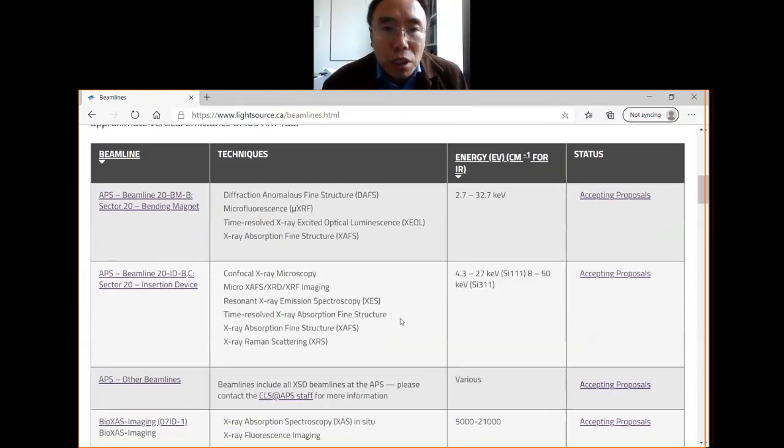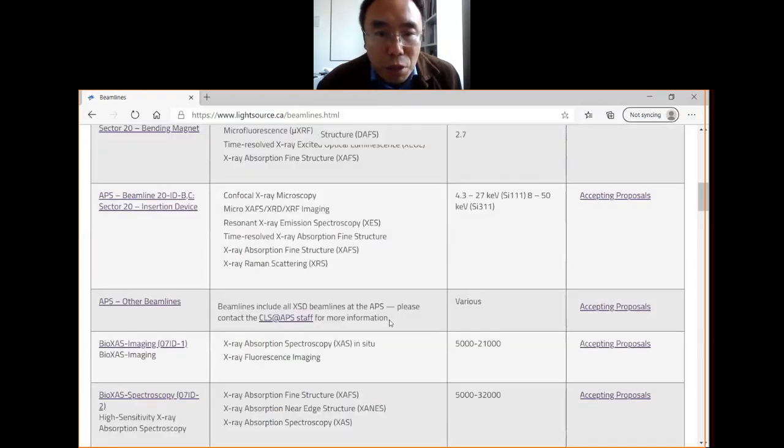Now let's look at what we can do with synchrotron radiation. We can do so many different things. For example, diffraction anomalous fine structure, fluorescence, microscopy, and absorption fine structure, which is absorption to study the material property.